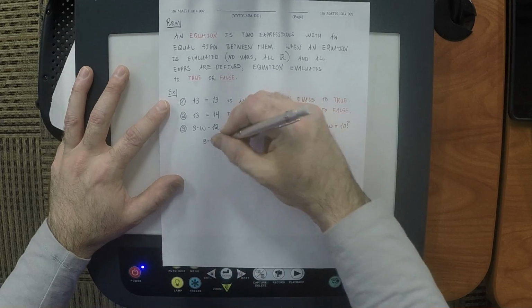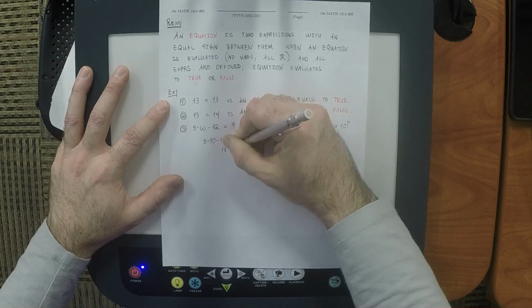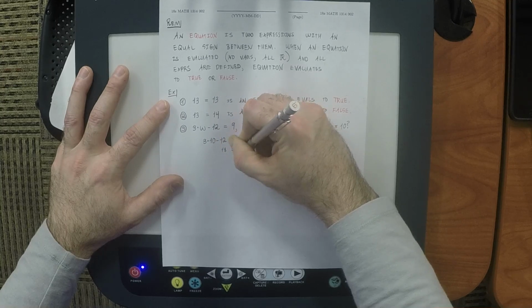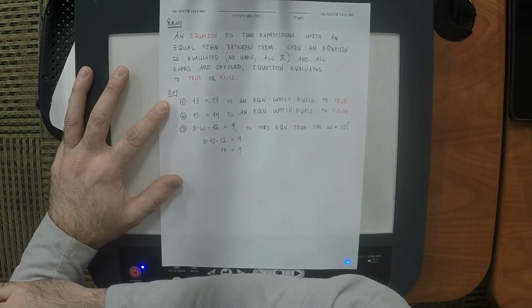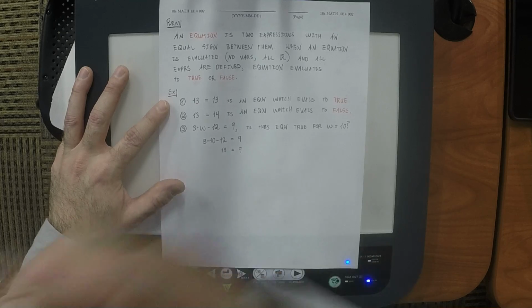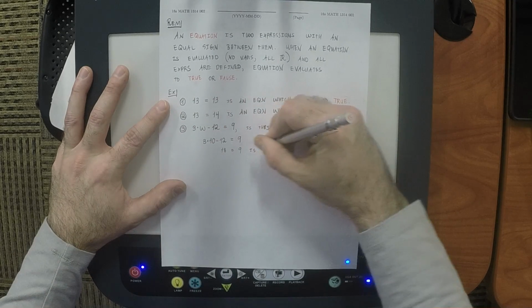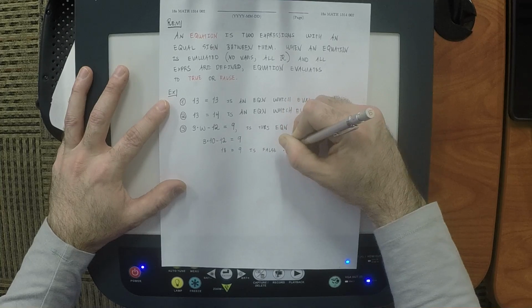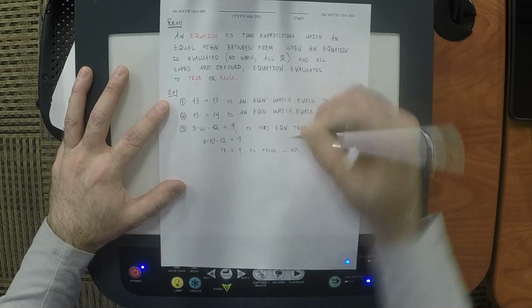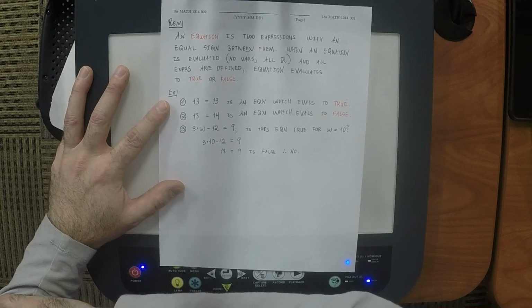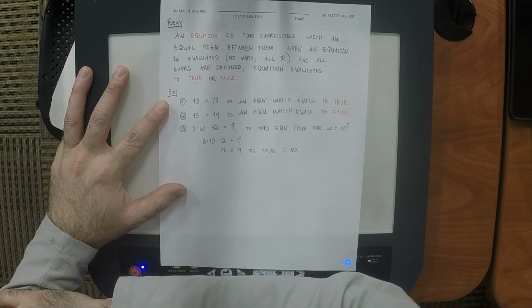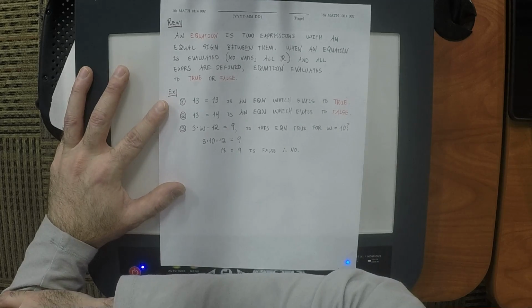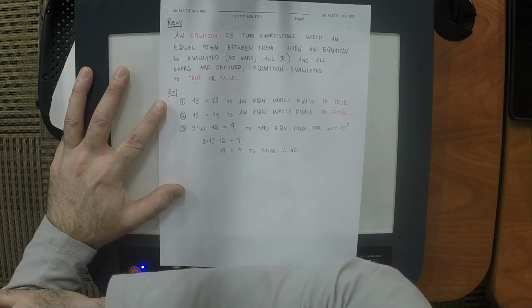That's 18, right? So 18 equal 9. So what's the answer to the question? False. Right, so this equation is false, and therefore the answer to the question is no. No, the equation is not true when W is 10.